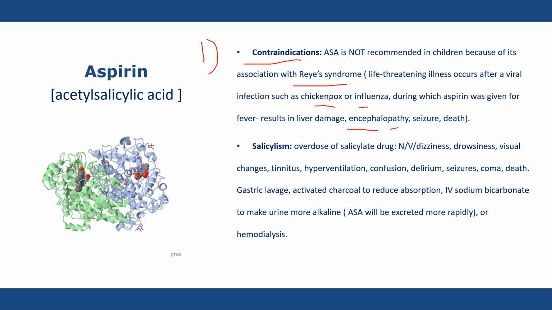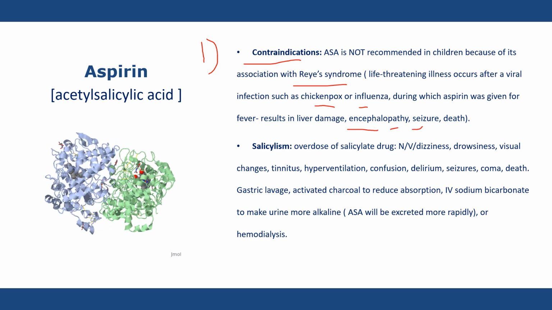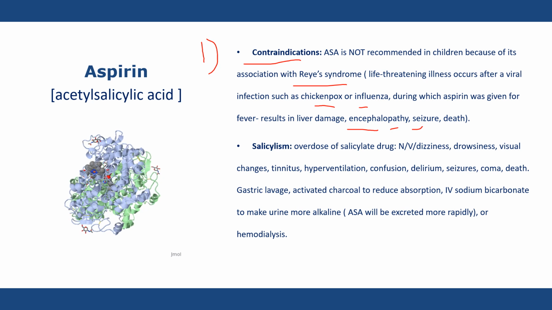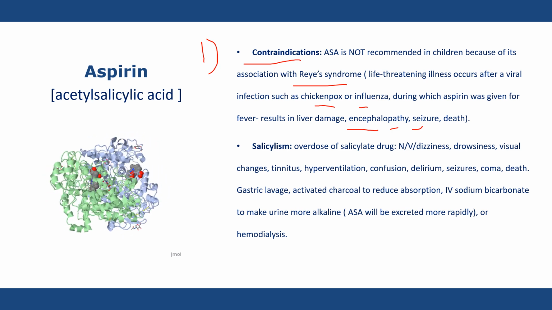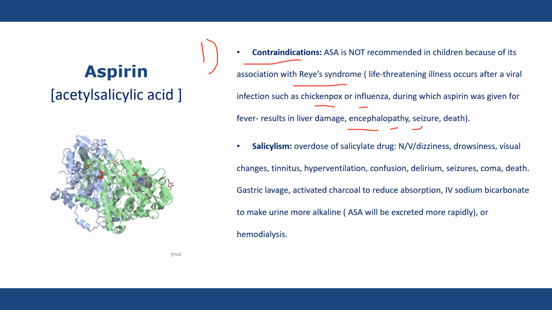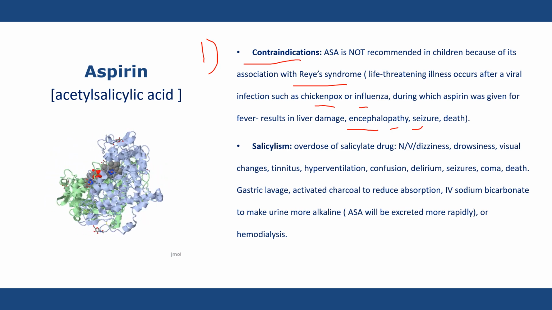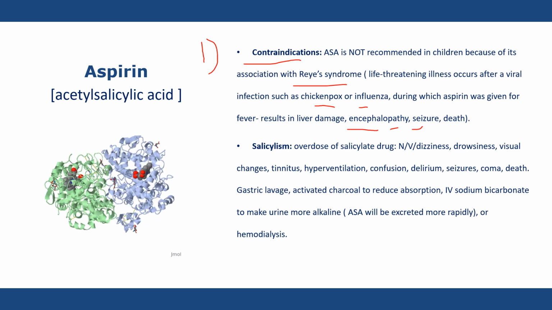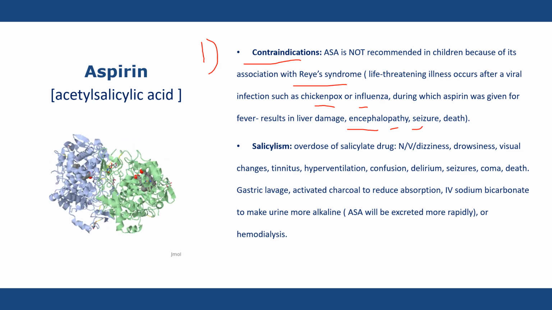And so complete liver damage, the patient may have seizures because of that brain insult, if you will, and death. So it is not a good drug for a child. When you have a child with pain or fever, we usually recommend acetaminophen, Tylenol, not aspirin. So please remember that concept.